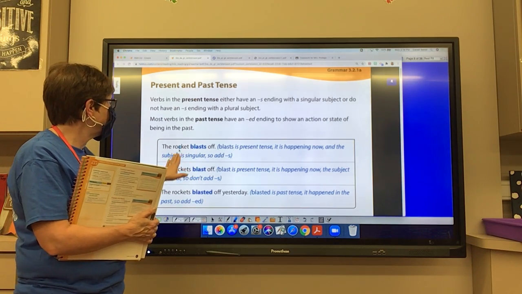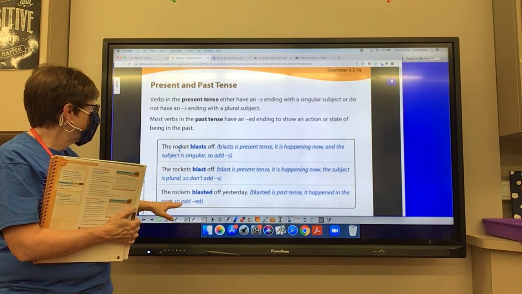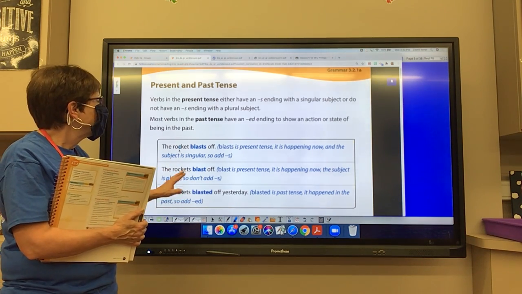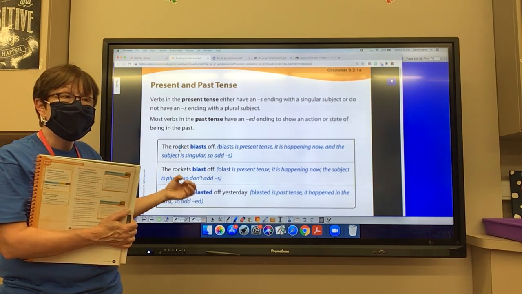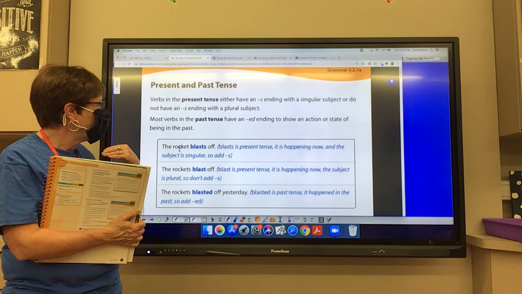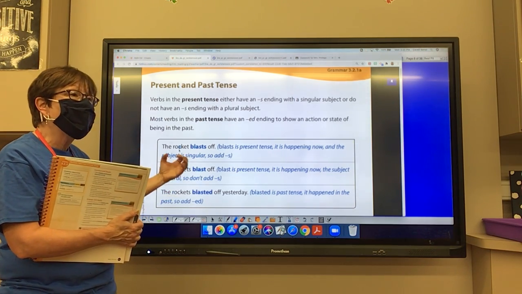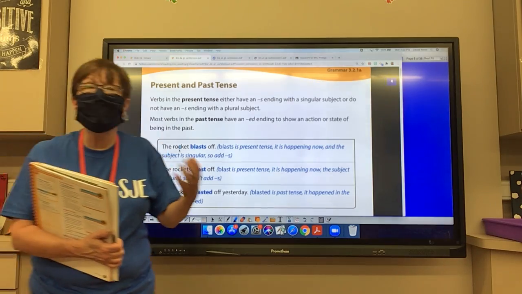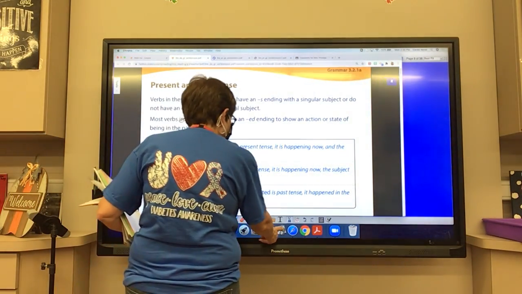The subject is plural, so we do not add s. Now in our third sentence, we have the rockets blasted off yesterday. Blasted is past tense. It happened yesterday. So we add the ed to blasted to show it happened when? Yesterday.